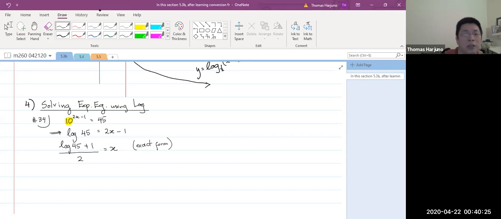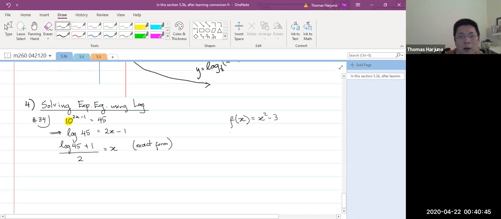Exact form is the solution where we don't do any approximation, we don't do any rounding, and we leave it in log or maybe in square root. Suppose, for example, I have another function f(x) equals x squared minus 3, and I ask you to find the x-intercept.